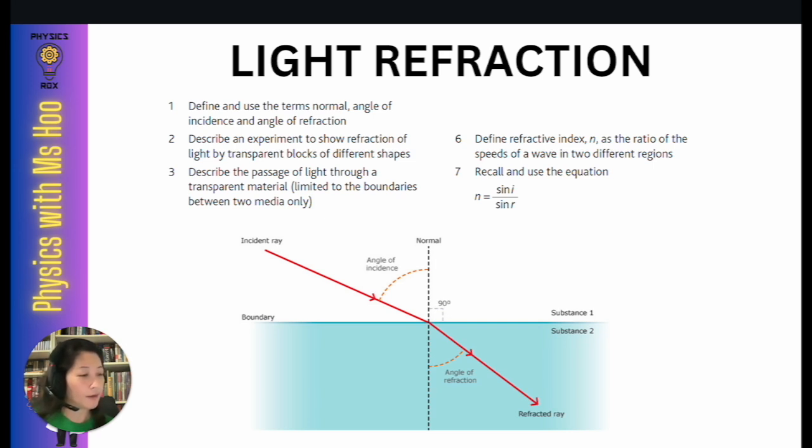So that's refractive index. And you must also know how to use the equation n equals sine i over sine r. The value of n in both of these formulas is the same. One is a ratio of the speeds of the light wave, and the second is a ratio of the sine of the angles of incidence and refraction.